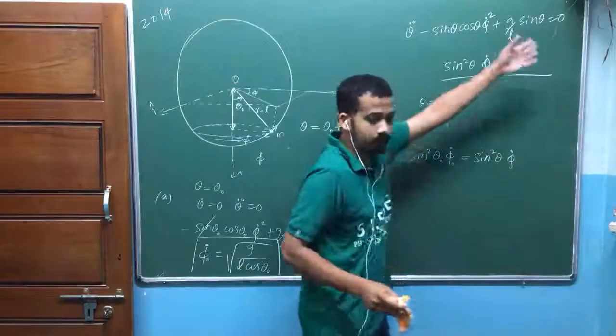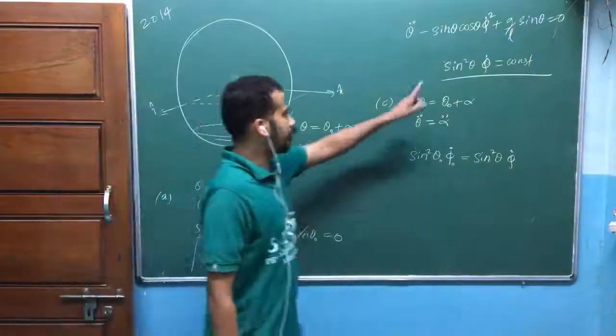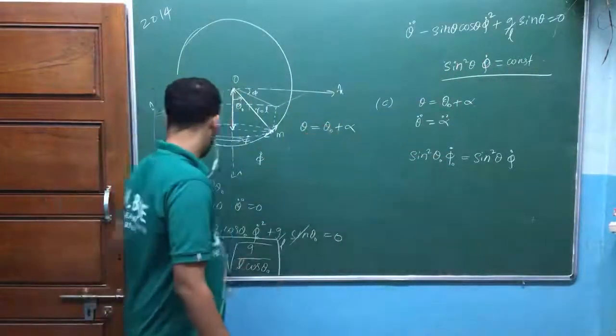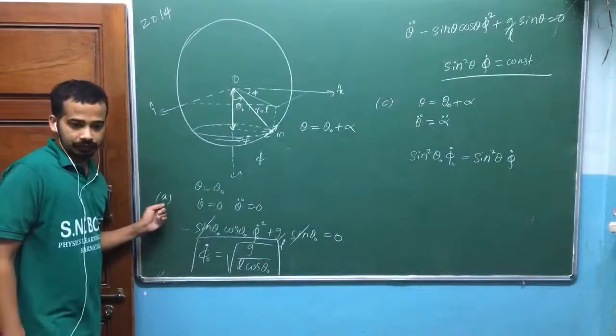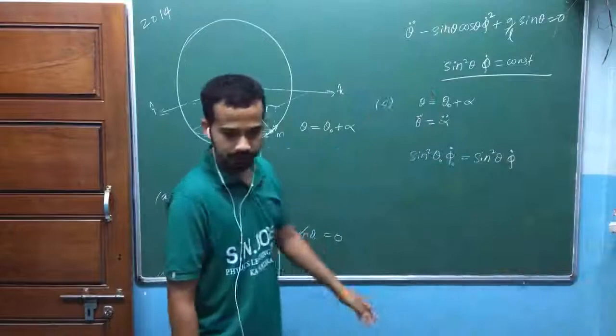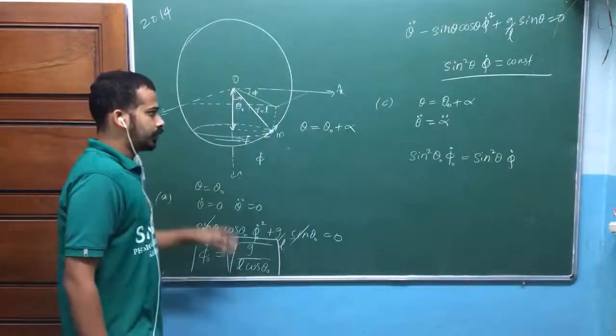This is constant with respect to time, means the value of this product at situation A should be equal to the value of the product at any later situation. Can I say like this? Quickly, somebody reply. I hope you got this one.